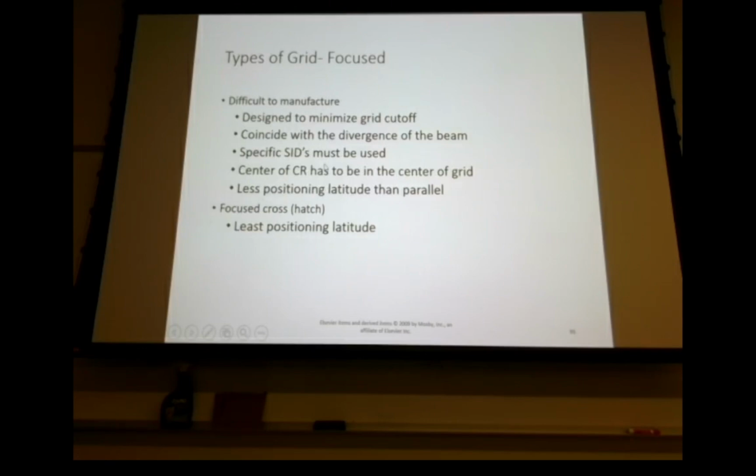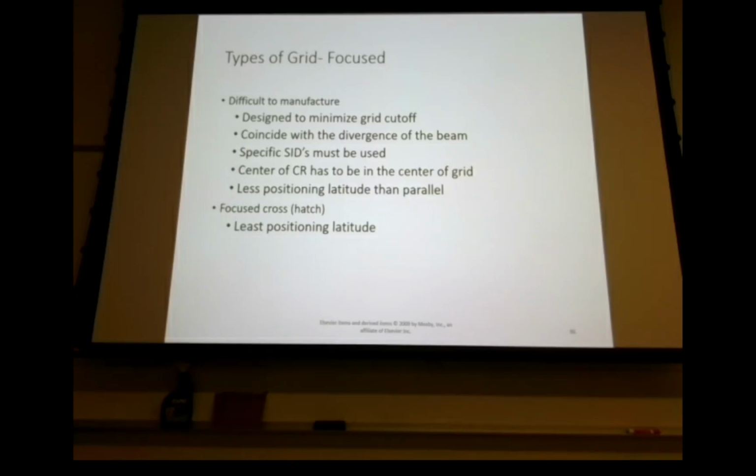Focused also allows angulation with the long axis of the grid. They're difficult to manufacture, though. They're designed to minimize grid cutoff in the periphery, unlike a parallel grid. The grid strips should coincide with the divergent central ray, and that's what they refer to as canting.